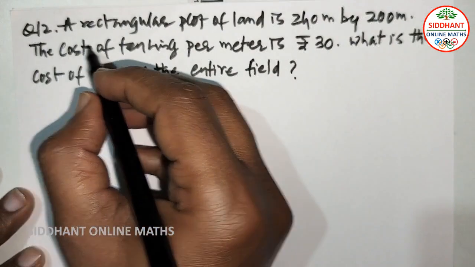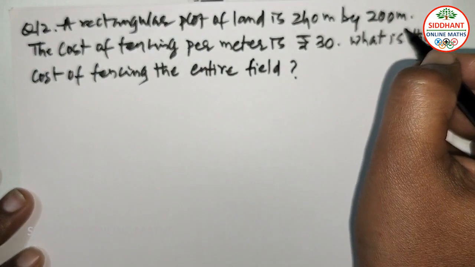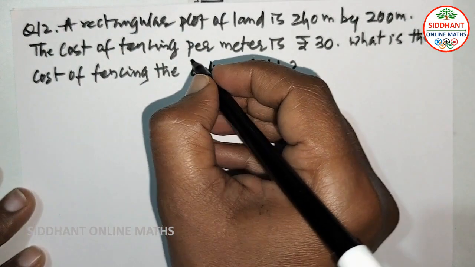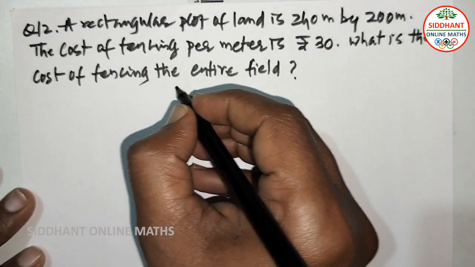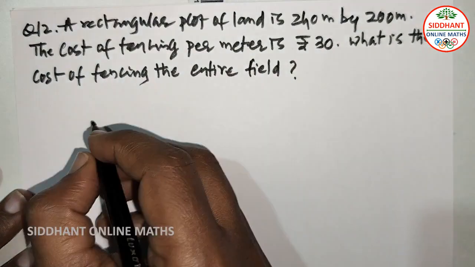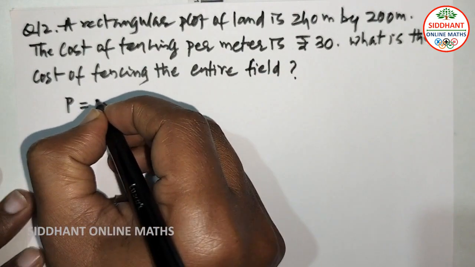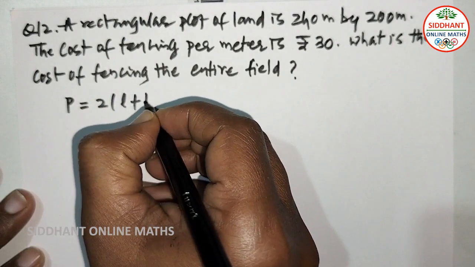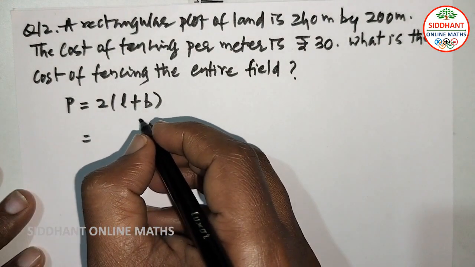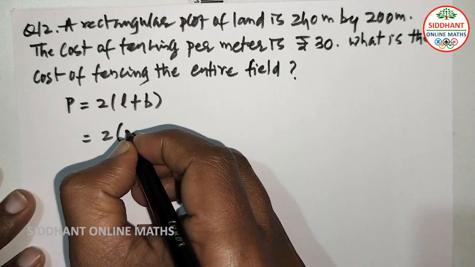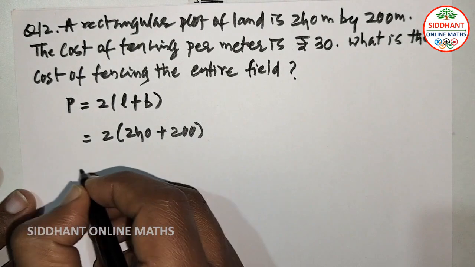Question number 12. A rectangular plot of land is 240 meters by 200 meters. The cost of fencing per meter is rupees 30. What is the cost of fencing the entire field? So it is a rectangular field, then the perimeter is equal to 2 into L plus B. Here the length and breadth have been given, so 2 into 240 plus 200.